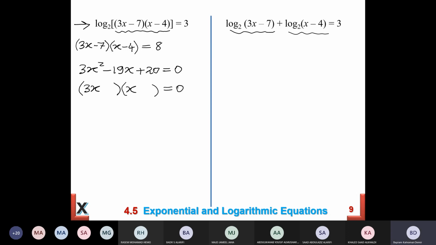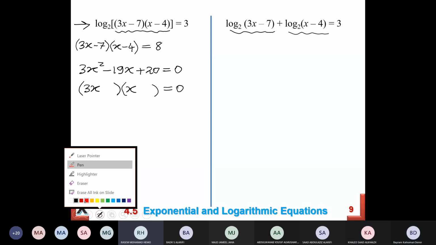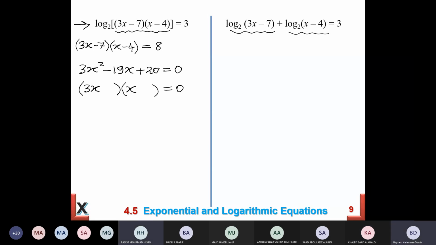We have 3x squared, so we must have 3x here and x on the other side, right, Shabab? I will give you 1 minute to try. Minus 5 here and minus 4 here, you think?